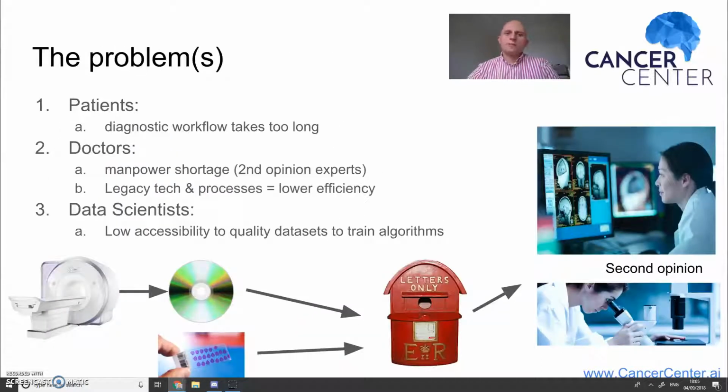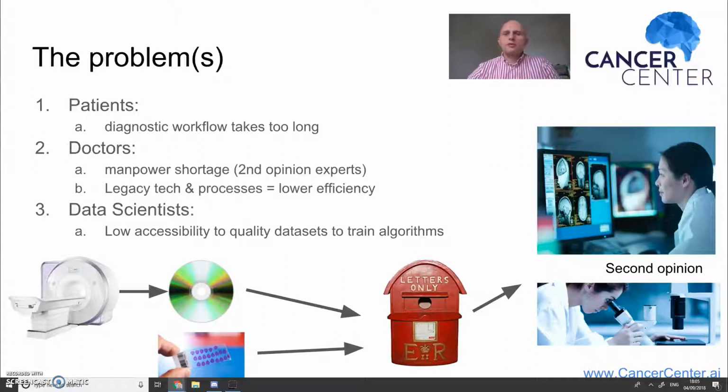For patients, the diagnostic process is too long, in particular when a second opinion is required. The faster an accurate diagnosis is made, the higher the chances of survival. From a doctor's perspective, there's a major shortage of radiologists and pathologists. About 5 times more are needed to cope with the current demand around the world.